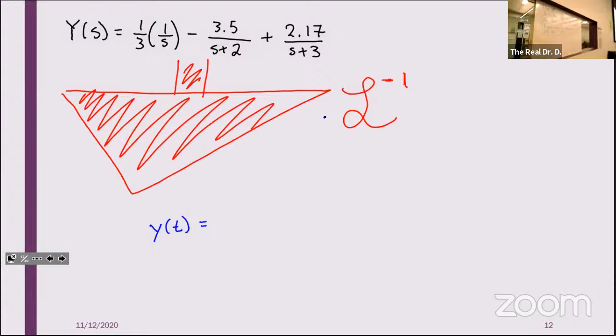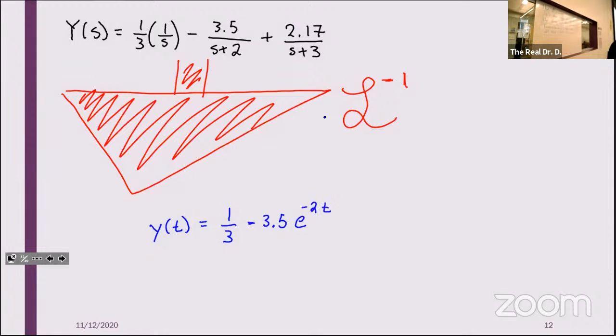So 1/3 times 1, we end up with a third. What does the next one look like? Negative 3.5 over s plus 2. Are there any Laplace transforms that take the form of something over s plus a constant? Yeah, it's e to the negative at. So negative 3.5 times e to the negative 2t.